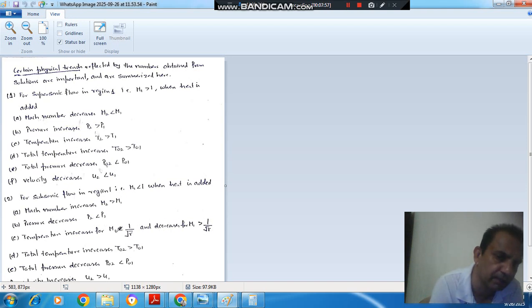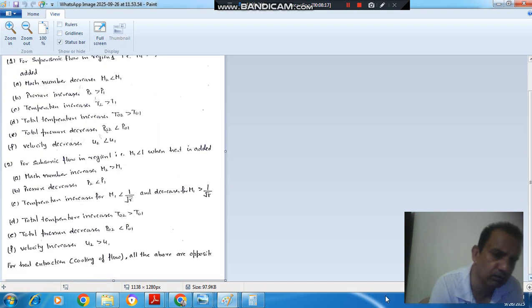Here the initial Mach number was 0.2, so it is less than 0.84, so temperature here increases. Total temperature increases, T02 is greater than T01. Total pressure decreases, P02 is less than P01. Velocity increases as Mach number increases, so U2 is greater than U1.